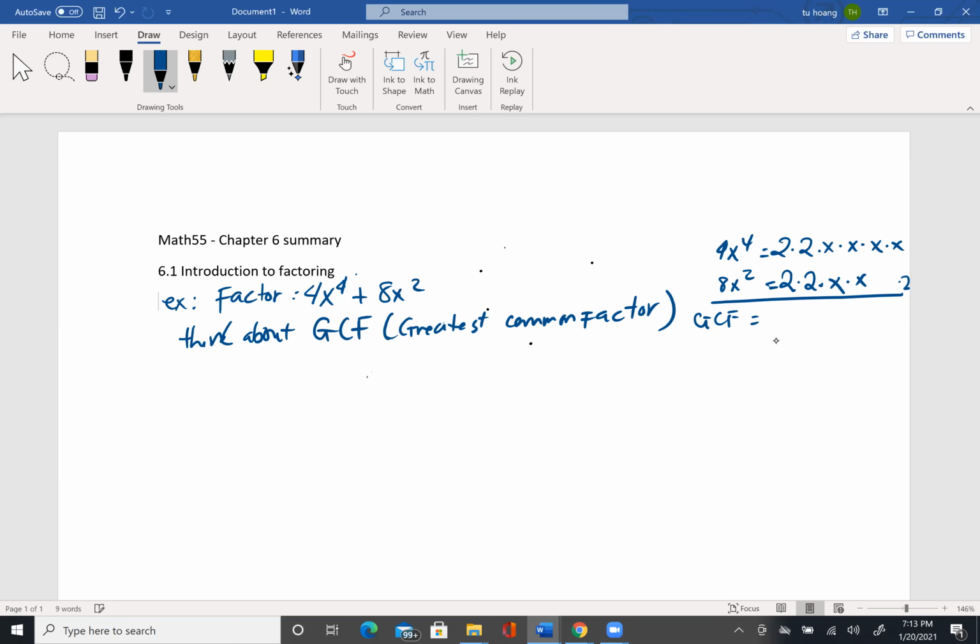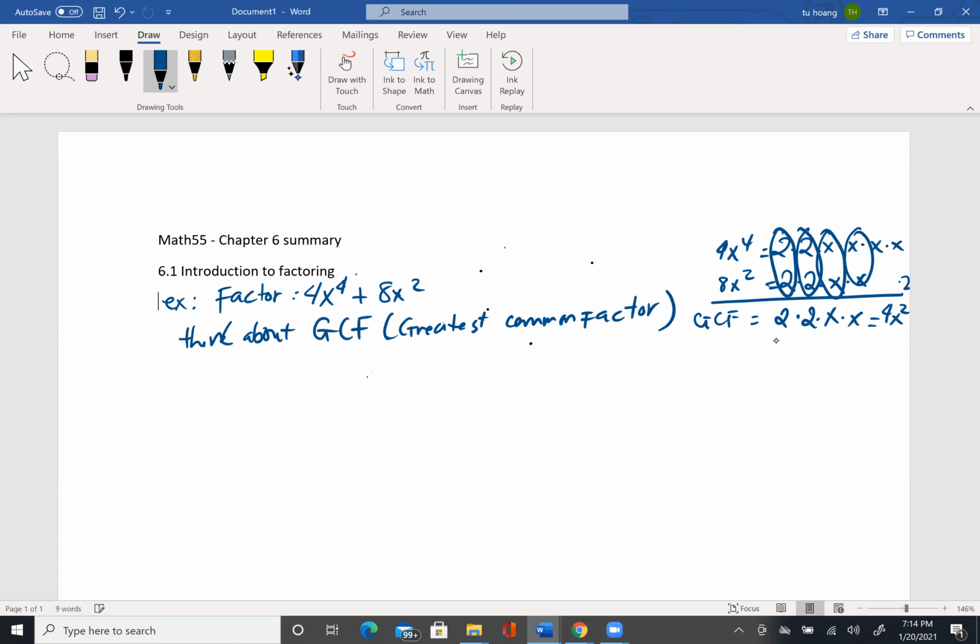You're gonna have this one is a common factor, so number 2, another number 2, so one x here and another x here. In order to find the greatest common factor, you just multiply all these factors. So 2 times 2 is going to be 4, and x times x is going to be x squared.